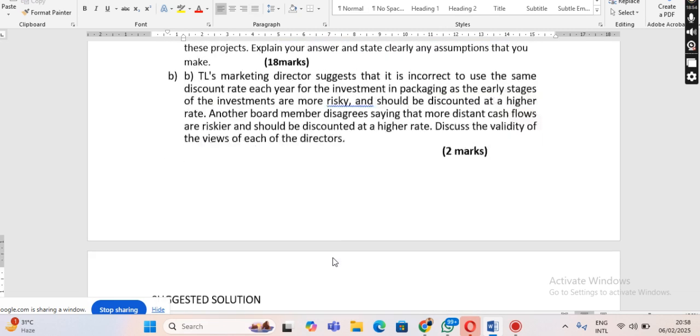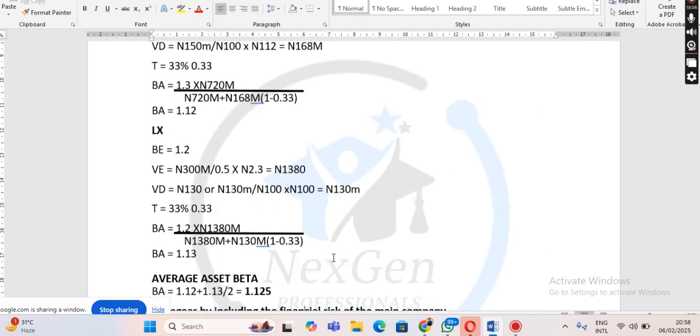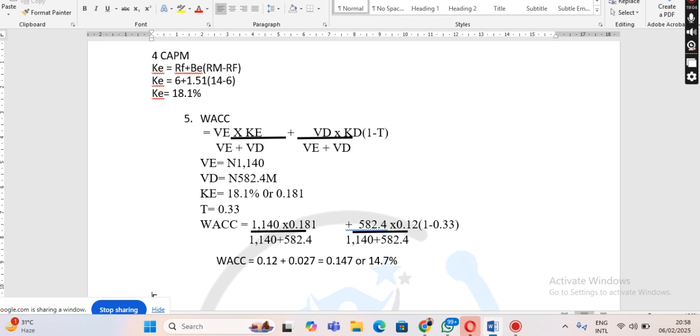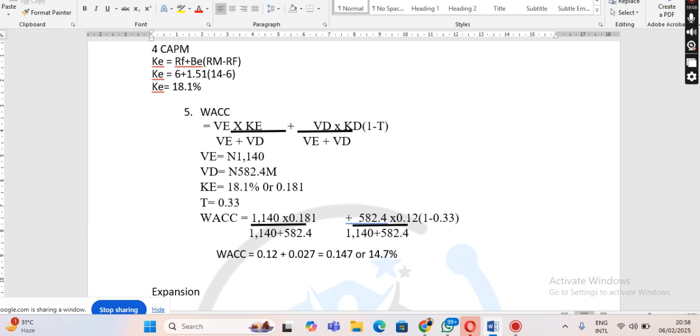Now the first one that we did is on the packaging industry, right? Now we will say, expansion of textile, right?